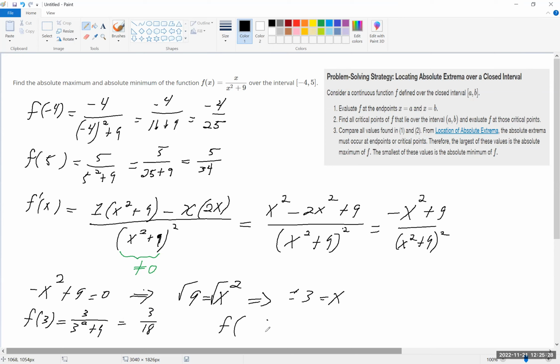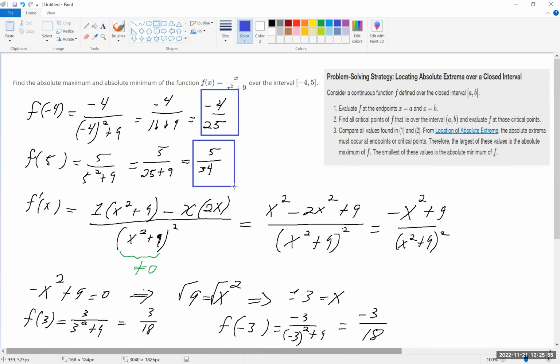And evaluate it at -3. That's -3 over -3 squared plus 9. So it's -3 over 18.